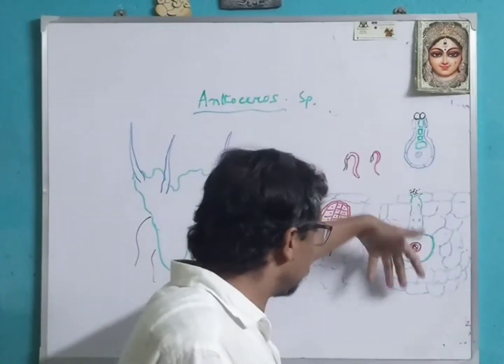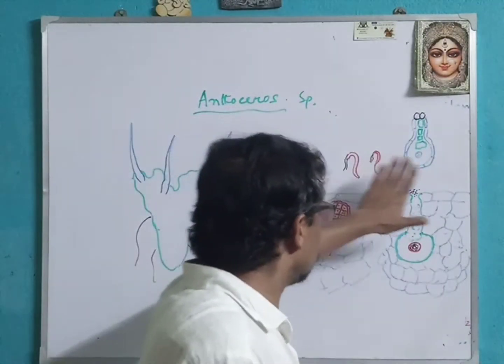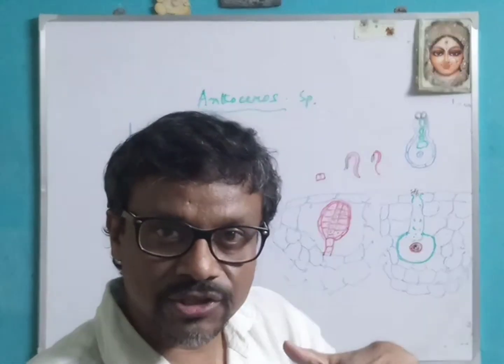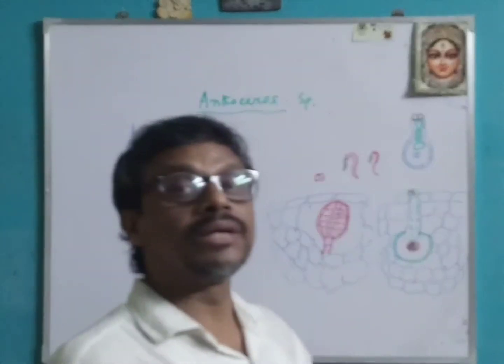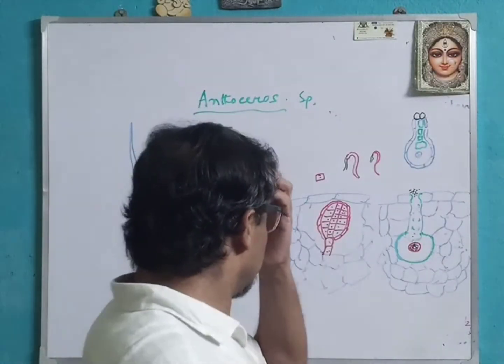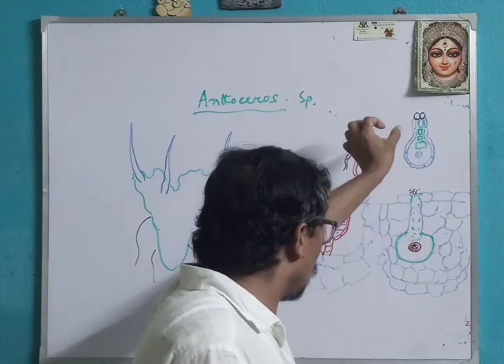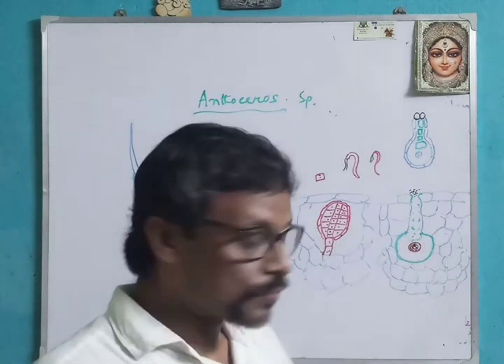So inside the thallus, the normal vegetative cells are arranged in such a fashion, leaving a central portion which is considered to be the archegonium. It has a narrow but long neck along with a swollen base.